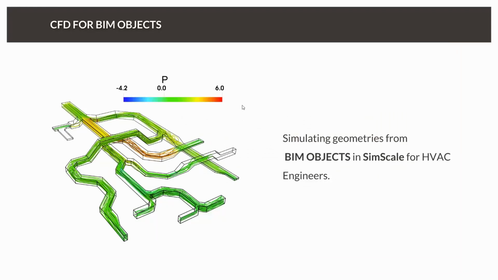So first of all, as I mentioned, our aim is to simulate geometries from BIMobject in SimScale, and today we'll take the seat of an HVAC engineer, and let's imagine you're involved in a project which is about finding the right HVAC concept and the right HVAC ducting layout for a residential building.